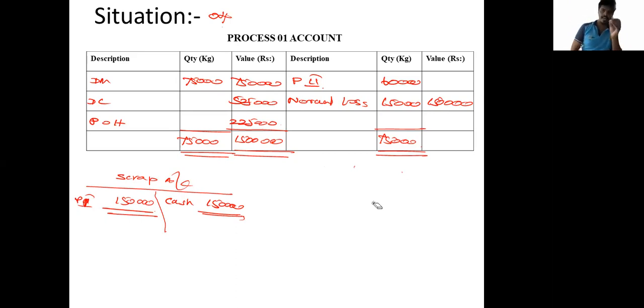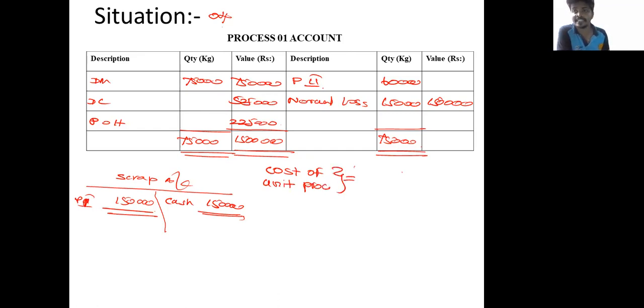So the cost of unit processed can be calculated.